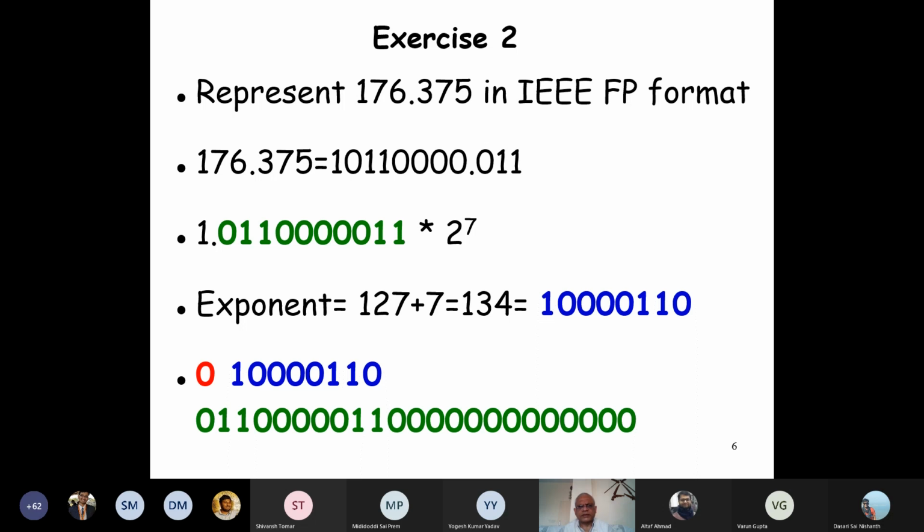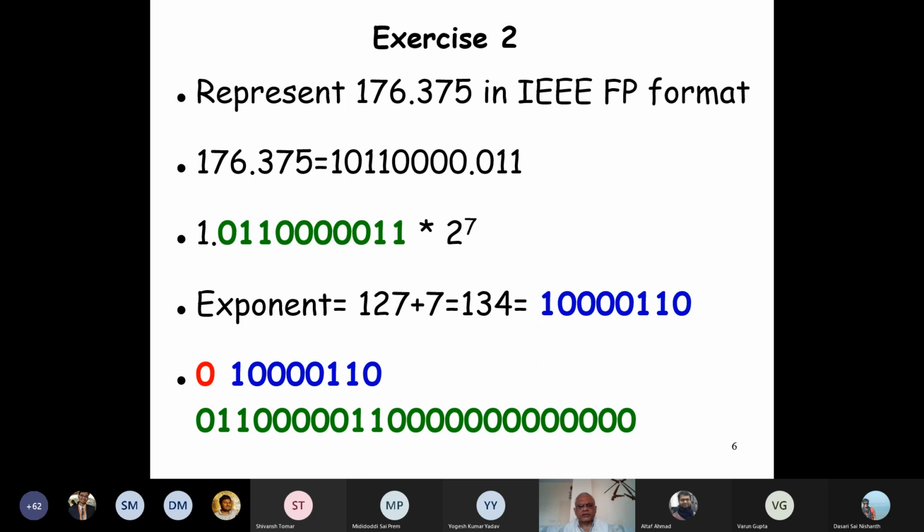And then 176 is 128 plus 32 plus 16, yeah, 1011, and these are the zeros. 0.375 is 0.011. Very simple one, just by looking at it we write the representation here.